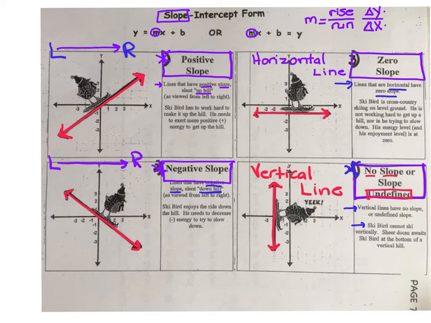Sheer doom awaits Ski-Bird at the bottom of the vertical hill. His fate is undefined. So here are our 4 different slopes. Mostly we're working with case 1, positive slope, and case 2, negative slope. But we have to realize that the other 2 cases do exist.